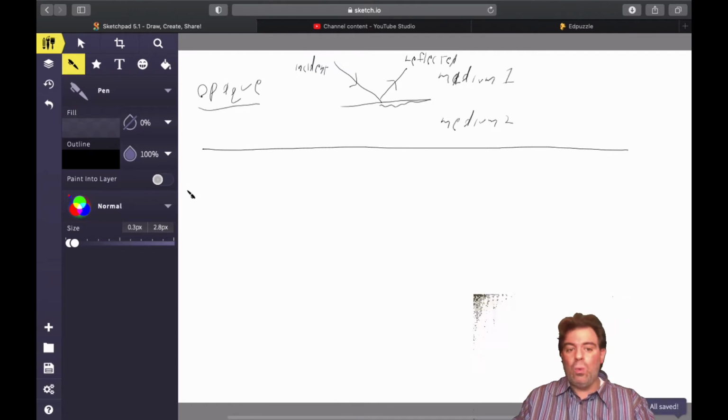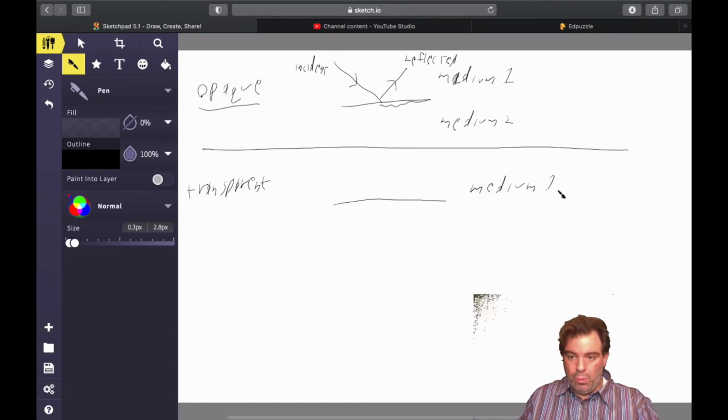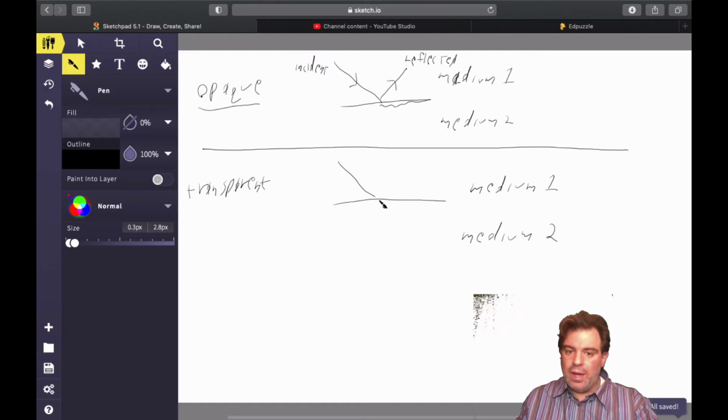Now let's talk about when it is transparent. Transparency obviously means that light rays can now cross the boundary. So here's our boundary again. We have medium number one, and we have medium number two. In other words, we simply have different materials. Now we have an incident light ray, and it strikes the surface. So now what happens?